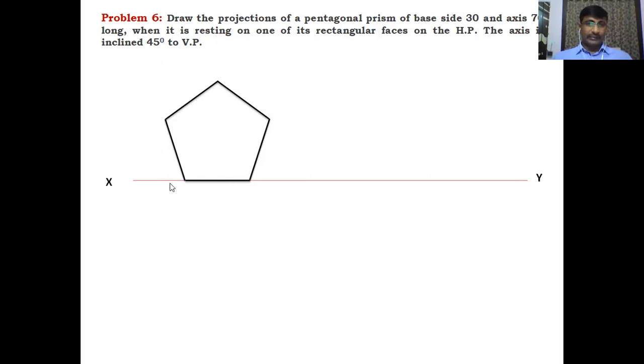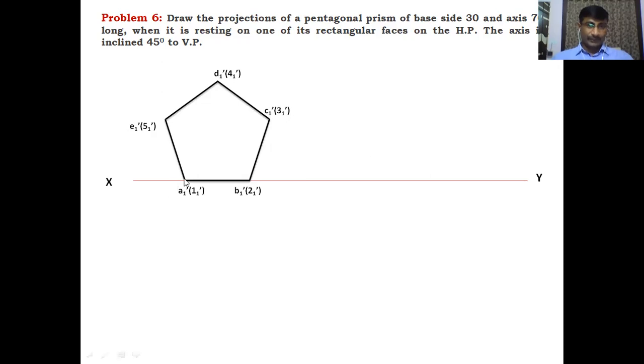The base edge corner points are located as it is a front view, because we are drawing above the XY line. When the axis is perpendicular to VP, the front view is visible. So we have to locate the front view corners like this.